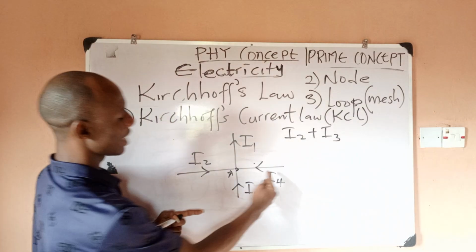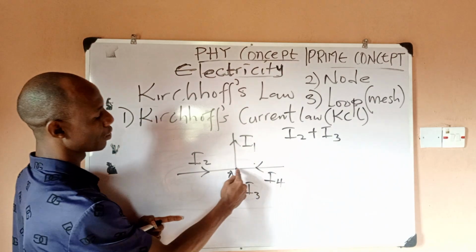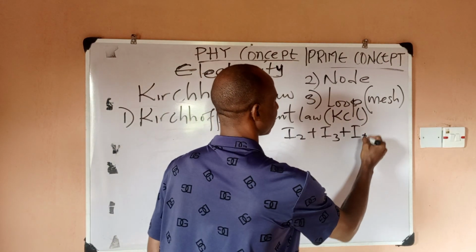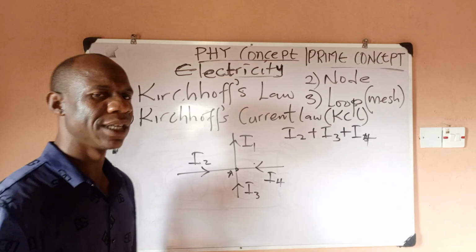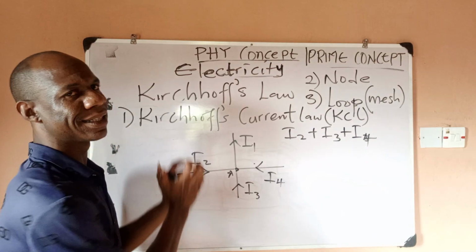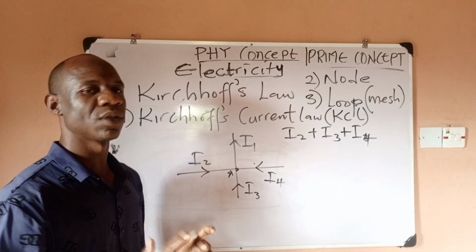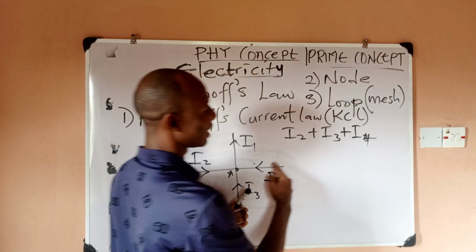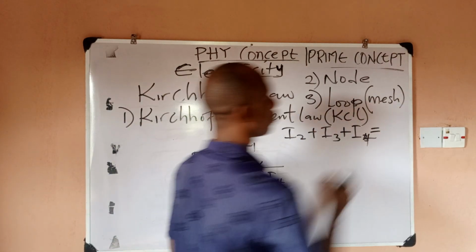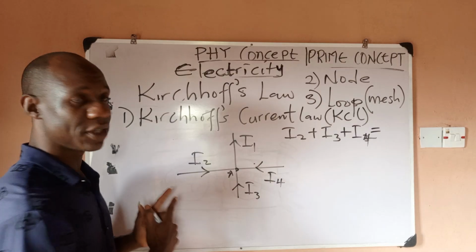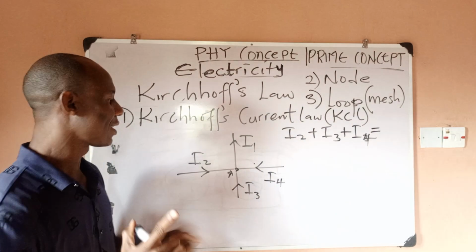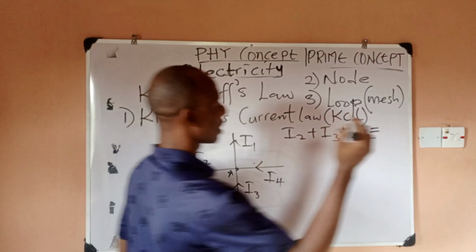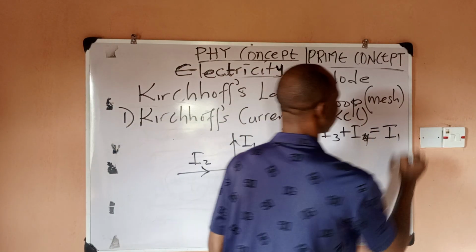Yes, I4 is also approaching point A, so I'll also say plus I4. The law says the total current entering a junction equals the total current leaving the same junction. Since I have all the currents entering, I'm going to say equal to. Do we have any current leaving that junction? Yes, and the value is I1. So I1 is leaving that junction, so I would say equal to I1.